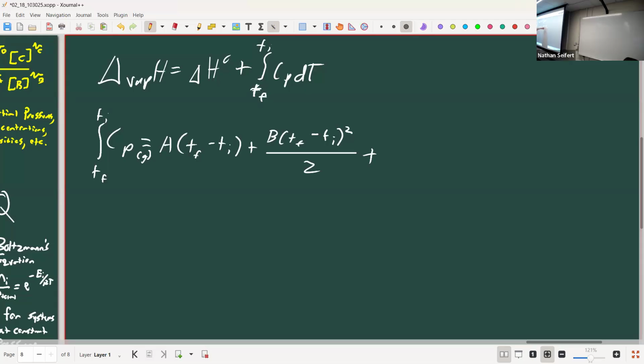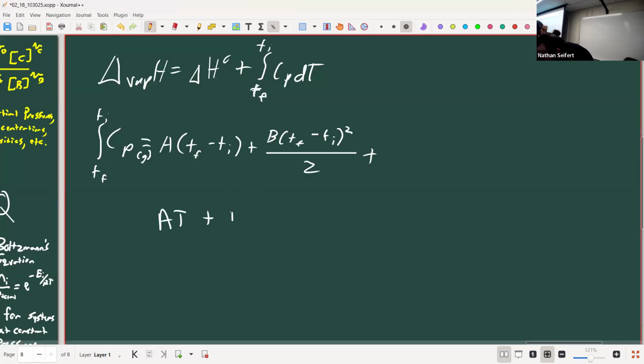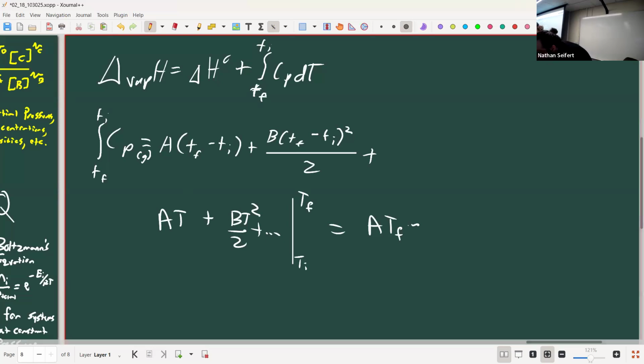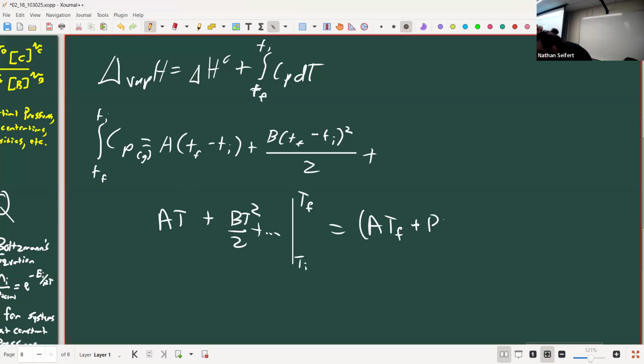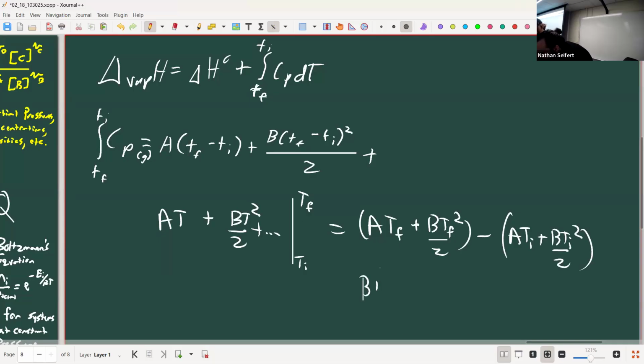And that's divided down, because what this is going to come out to is AT plus BT squared over two, plus and so on, evaluated from TF to TI. That's going to be ATF plus BTF squared over two minus ATI. Okay, I see. You see where the foiling is wrong? The B term is going to be B times TF squared minus TI squared, not the difference squared. Yeah, I just put squared.